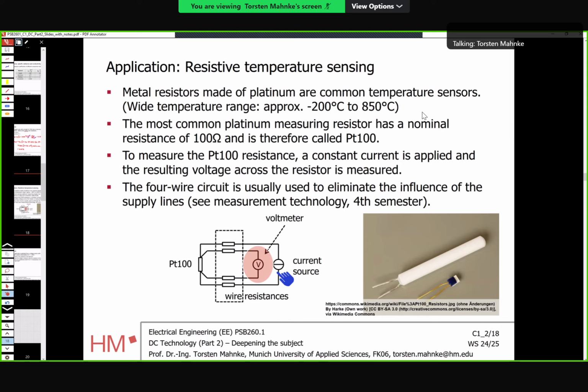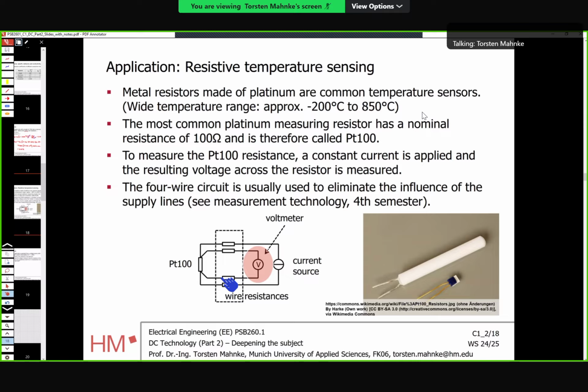This is why usually the circuit that you see on the slide is used. This is a so-called 4-wire measurement. The source applies current that flows through the sensor and then back to the source. Of course, you will see some voltage drop along the wire. That's indicated by these outermost resistance symbols here.